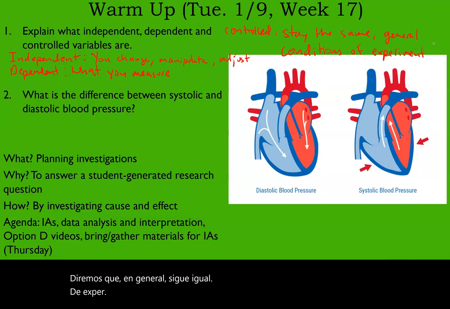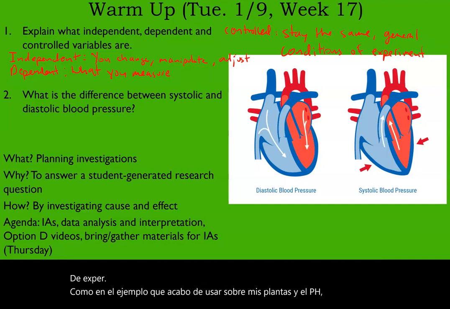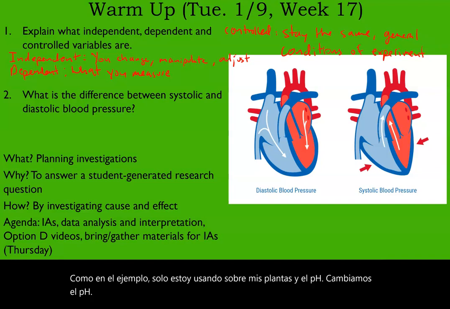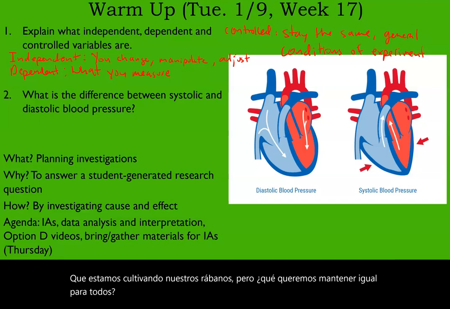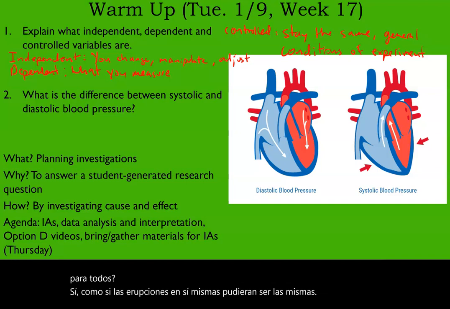Like in the example I'm just using about my plants and pH. We change the pH that we're growing our radishes in, but what do we want to keep the same for everybody? Yeah, like the radishes themselves may be the same kind of radish, the same age.